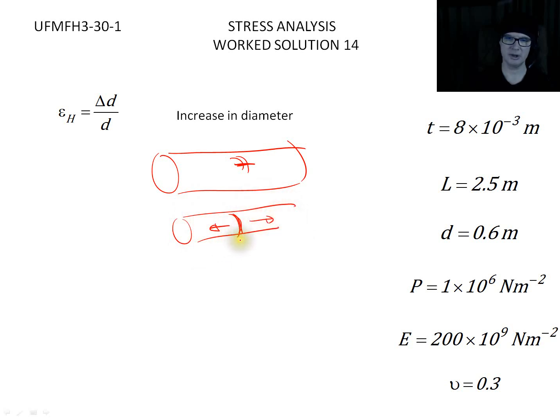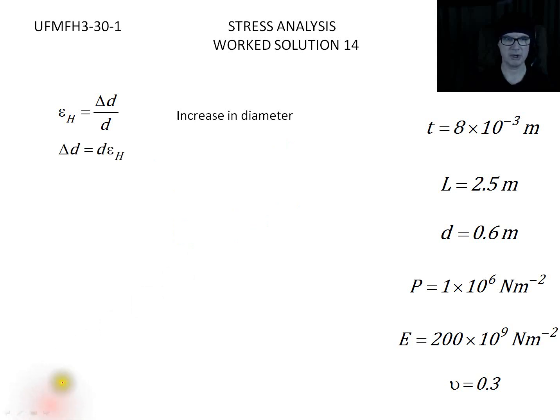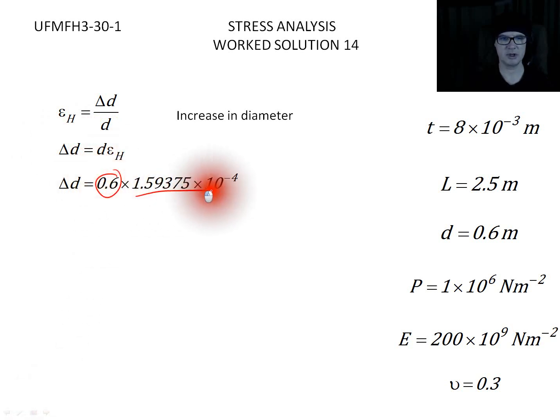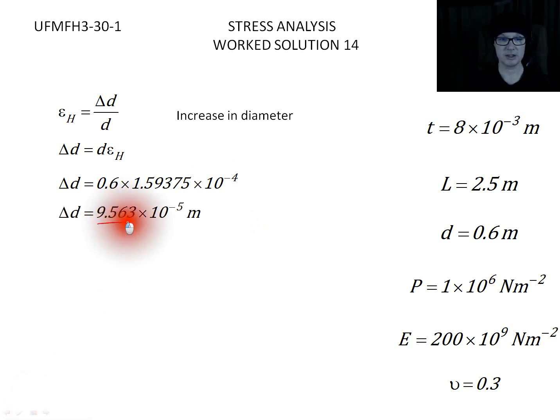So we're looking at how much it's increasing in that direction for longitudinal strain. Going back to the hoop strain, that's based upon the internal diameter. So the change in diameter is going to be this rearranged: the internal diameter times the hoop strain gives me the change in diameter for the internal diameter.